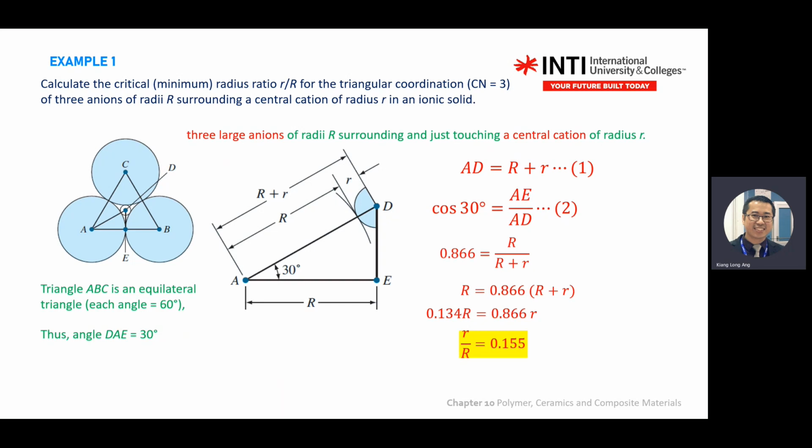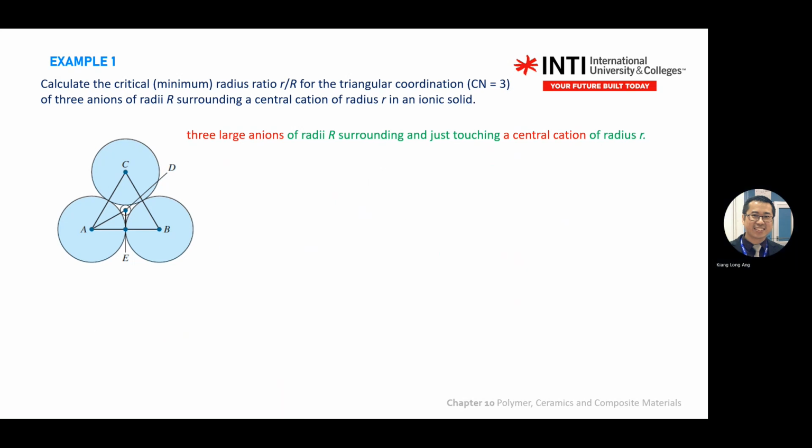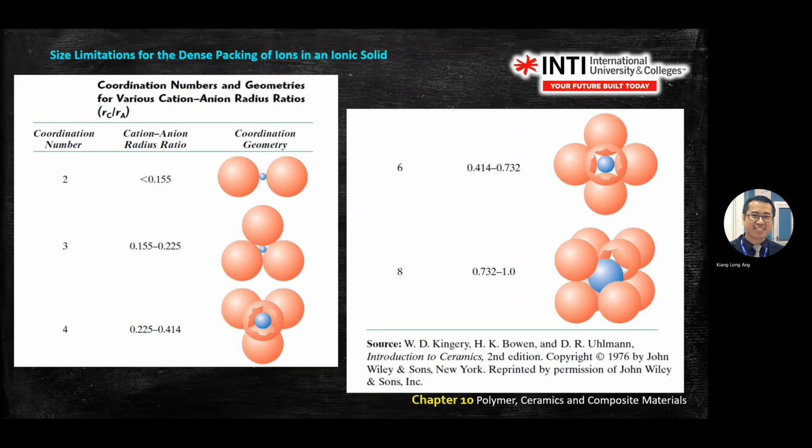So radius ratio 0.155, if you refer to the table just now, 0.155 gives you 3. Or the question can be reverse engineered. It gives you a coordination number, then you estimate what are the combinations that you can use.